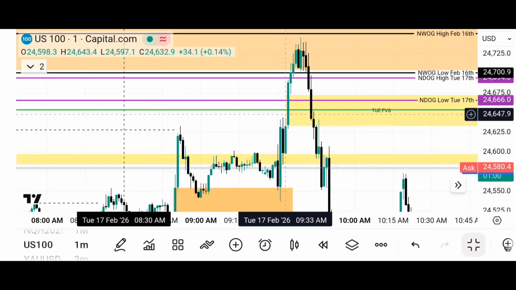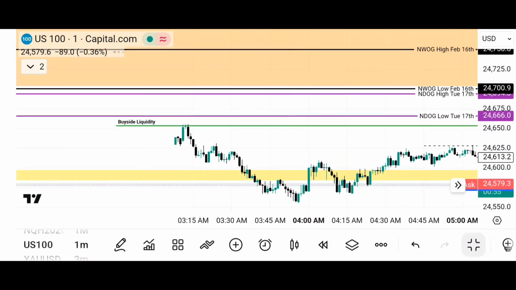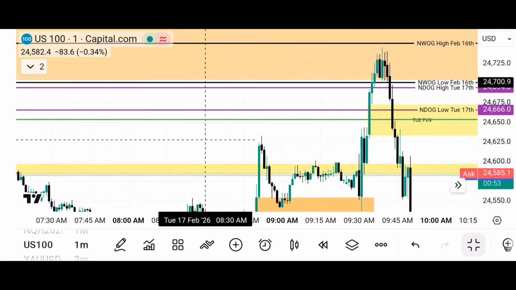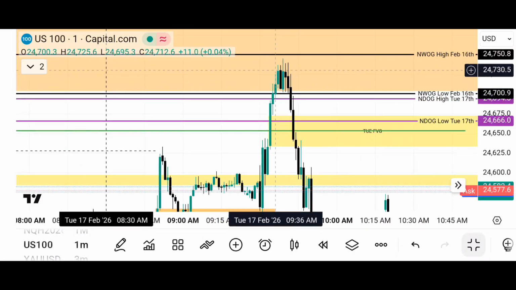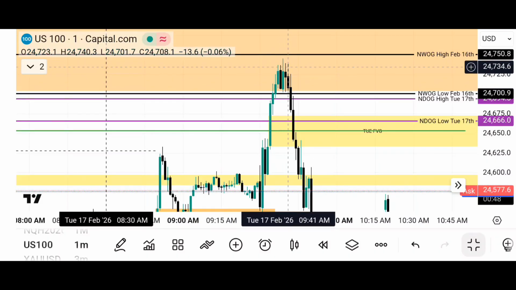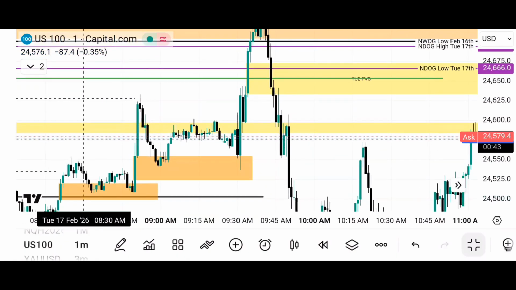This green line is the buy side liquidity. That's this high right here, and then it trades into the new day open gap and into the new week open gap. That was where it makes the U-turn downward.